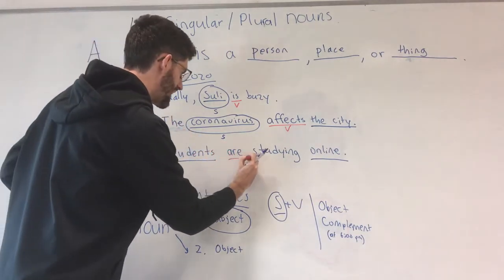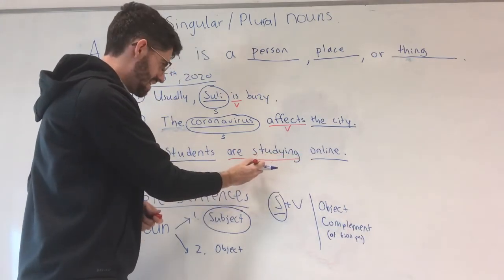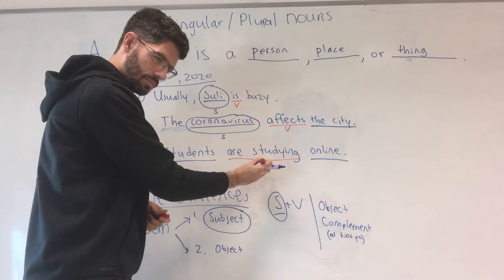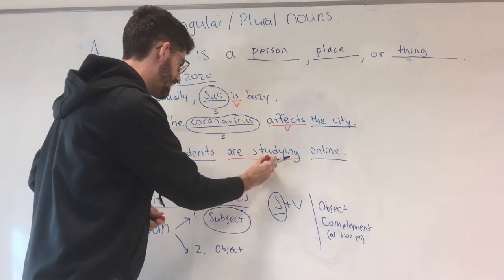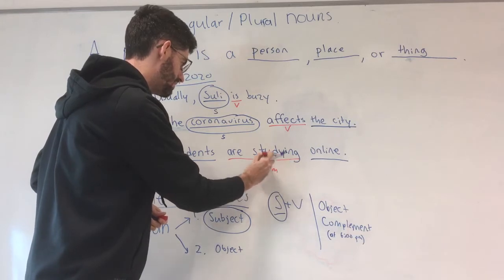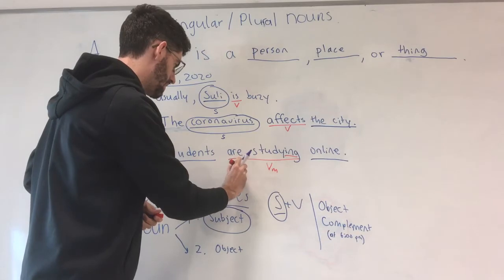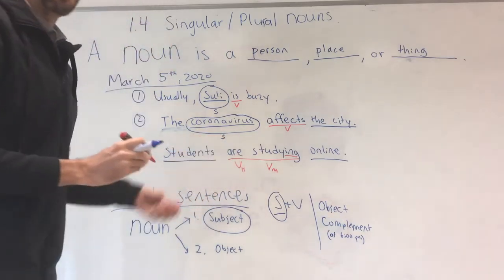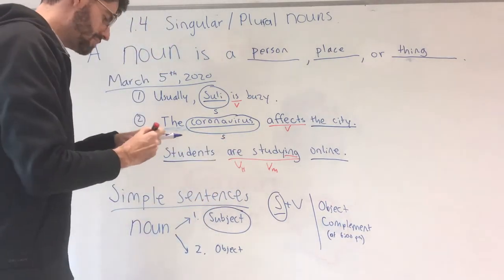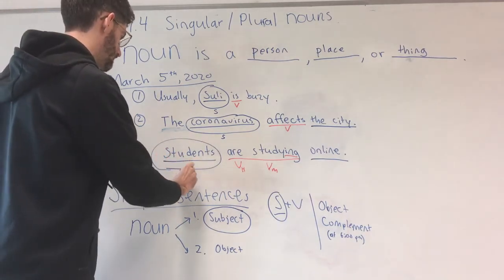Well, the verb phrase is are studying. What's the verb tense here? Are studying is present progressive. So the main verb is ing, and the helping verb is are here, verb be, okay? So what's the subject? Students, all right?